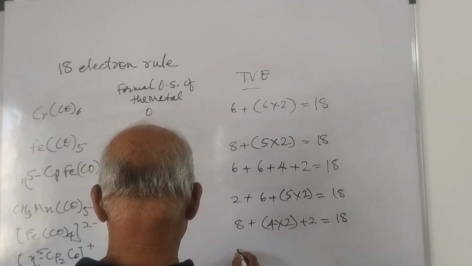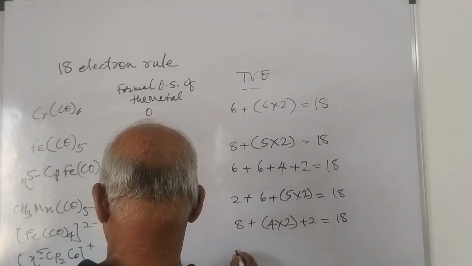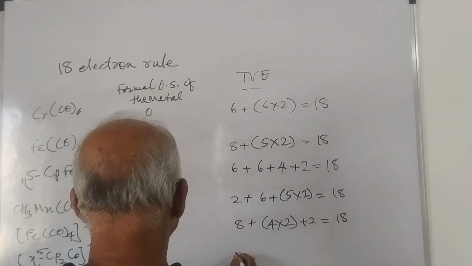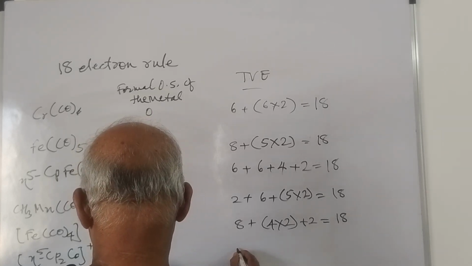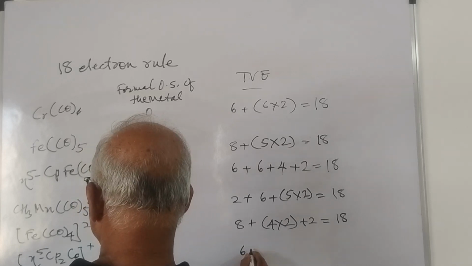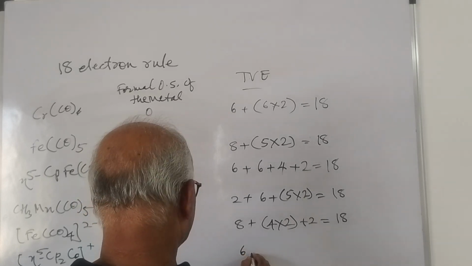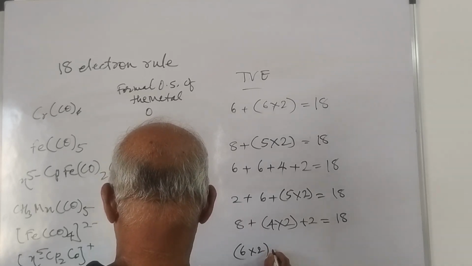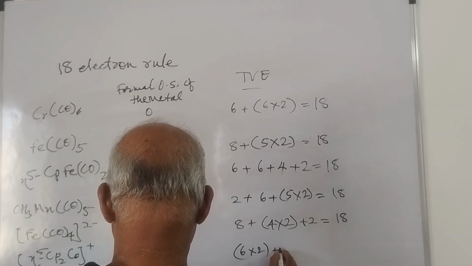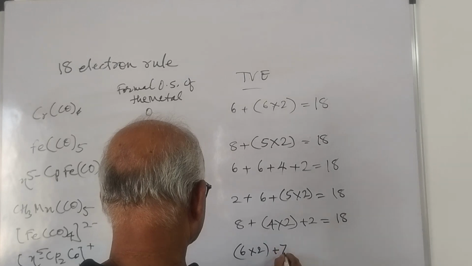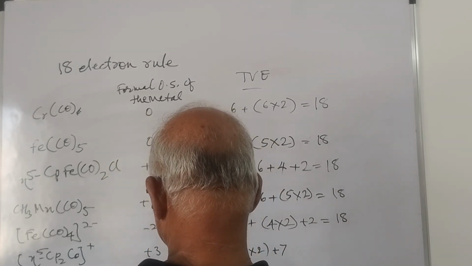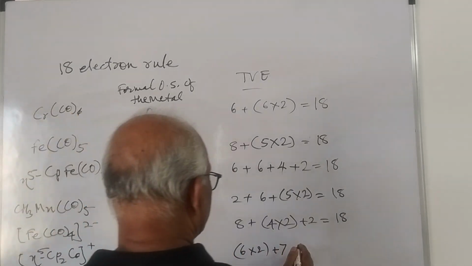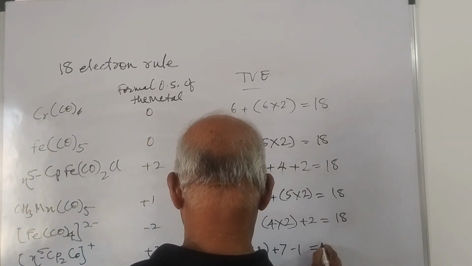So the total count is 6 into 2 for the Cp's. There are 2 Cp's, and 1 Cp gives 6 electrons. So 6 into 2 plus cobalt has 7 electrons, and for the charge there is minus 1, and it gives 18.